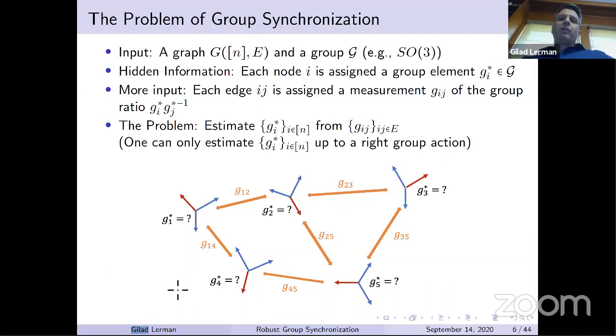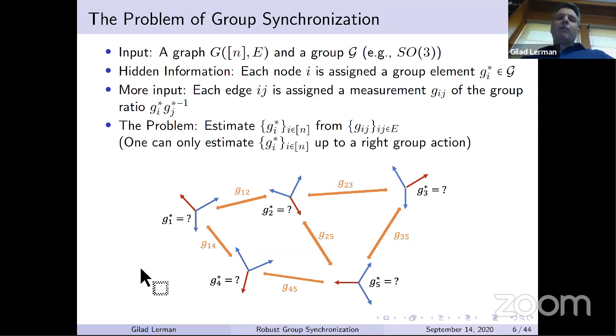For example, when you talk about the group of rotations, you have situations when many cameras take photos of a scene, and you want to get the orientations of all cameras. You know the relative orientations, or approximations of the relative orientation, between cameras, and you need to figure out the absolute orientation of each camera. I'll talk later about applications, especially this particular application in structure from motion.